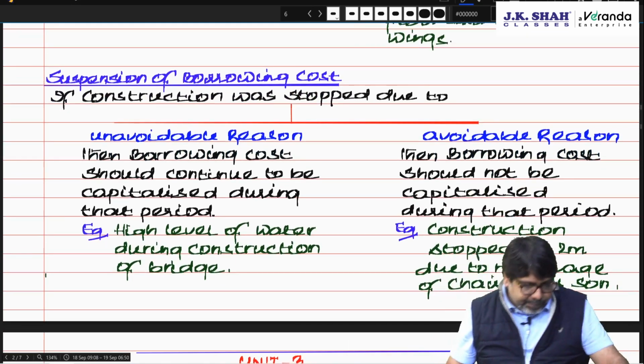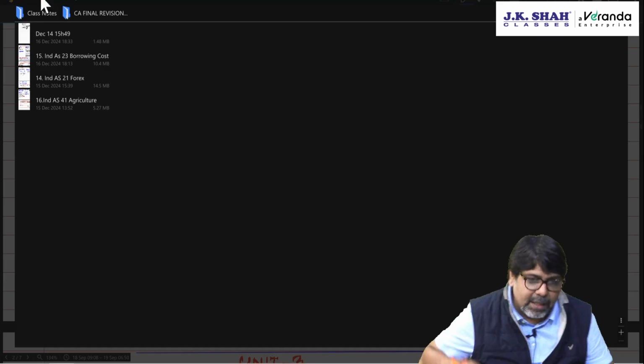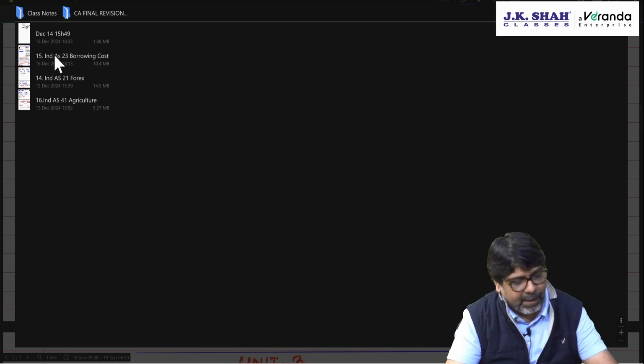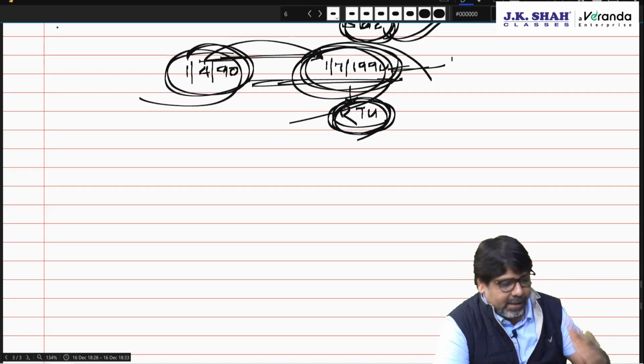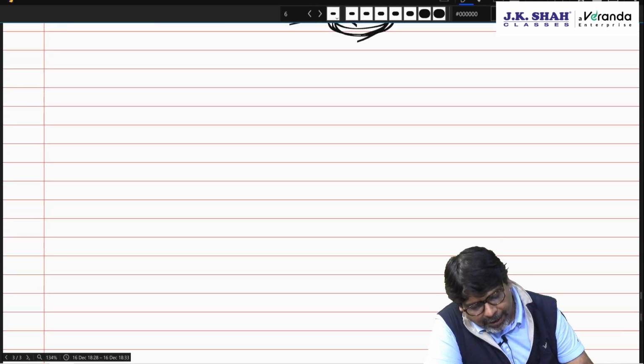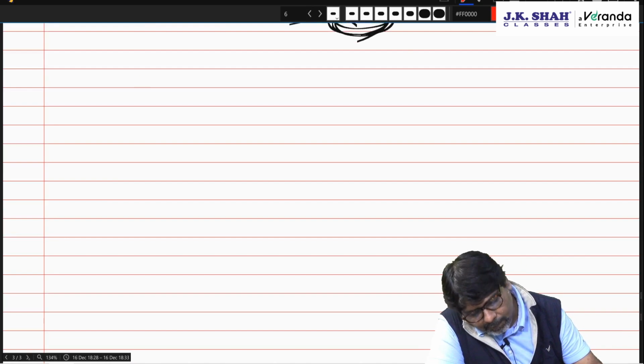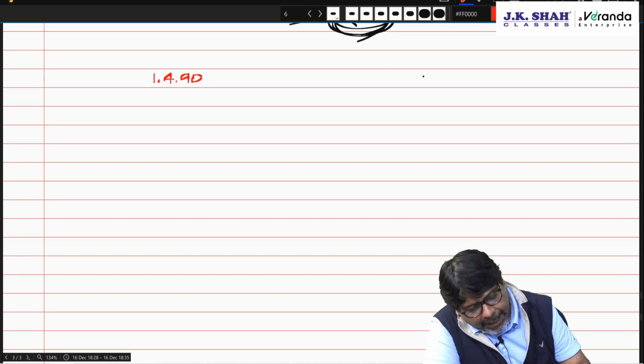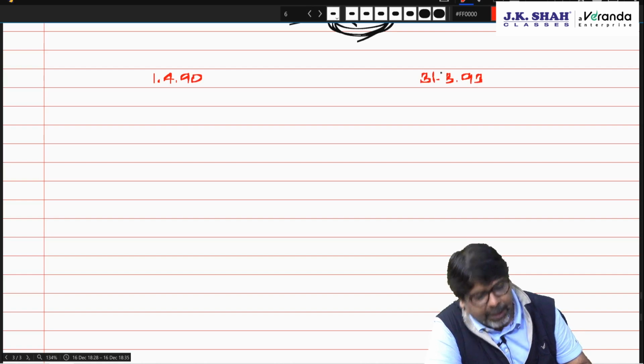Now, Chartered, understand this thing. Suppose your borrowing cost starts from 1/4/90 and ends on 31st March 93.